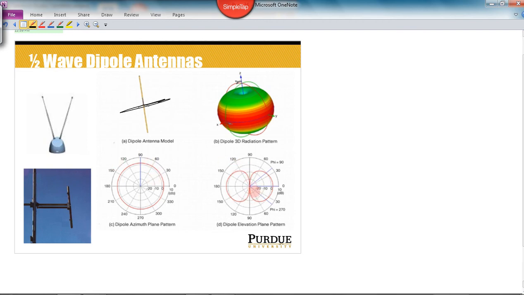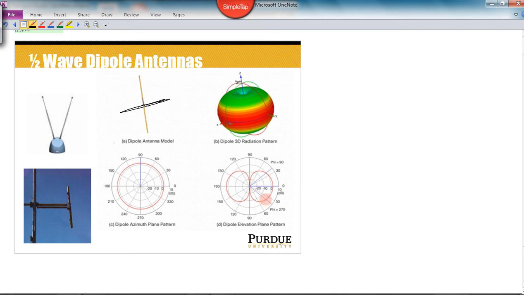The elevation plane pattern is formed by slicing through the ZX plane in this case, or the YZ plane. Either one would work. And from the elevation plane pattern, we see that the dipole antenna has an elevation plane beam width, the 3 dB beam width, of about 78 degrees, as indicated by these two blue lines right here.